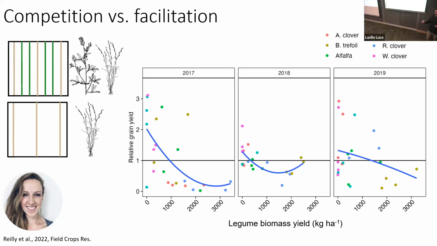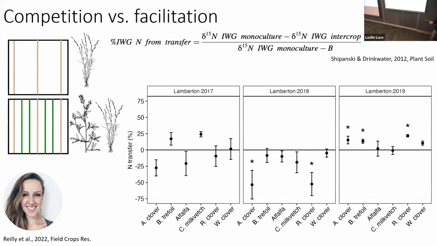But what we're really interested in looking for is if there's any points in this area where we can get some legume biomass in the plot, but still have an increase in grain yield relative to the monocultures. So we're looking for if there's any area up in here. And we see some points. And so we can start to investigate, why did those plots have over yielding? Was it the species? What was the population? Things like that. And we've been thinking that these legumes are going to benefit the intermediate wheatgrass via nitrogen fixation and transfer. And that's tough to quantify. Evelyn Riley is the graduate student on this project. She worked with Dr. Jess Gutknecht, who's at the University of Minnesota.